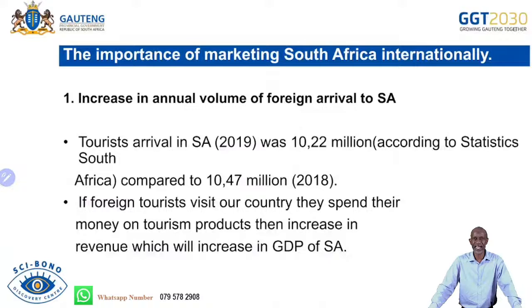Statistics of foreign arrivals are captured, and as of 2019, we have received over 10 million, according to Statistics South Africa, a body that helps in analyzing the arrival statistics, a body that, after analyzing, gives us information in graphs and tables.